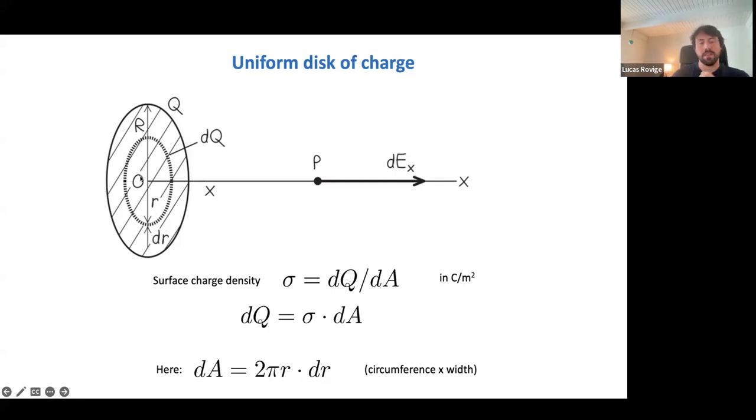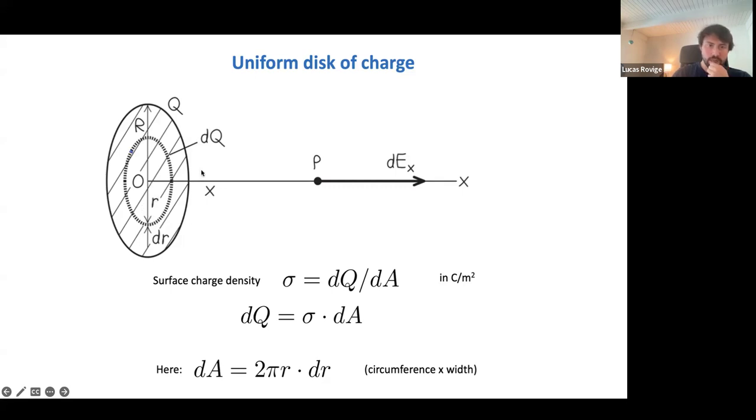In that case, for a circular element, the smart thing to do is to take an element that is just a small ring of very small transverse size, and that has a radius r.